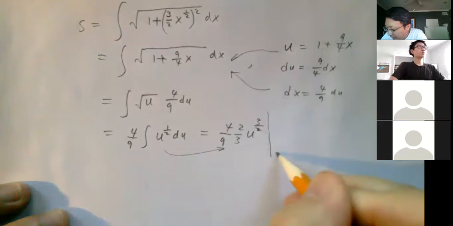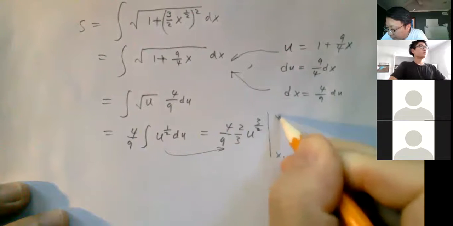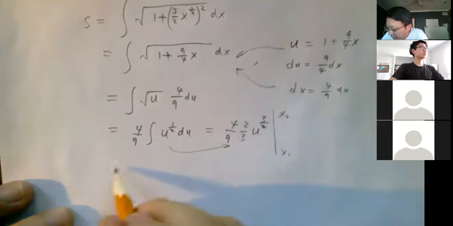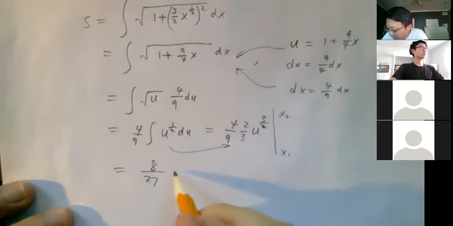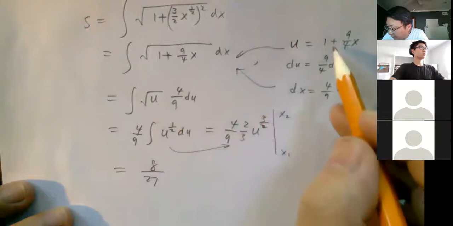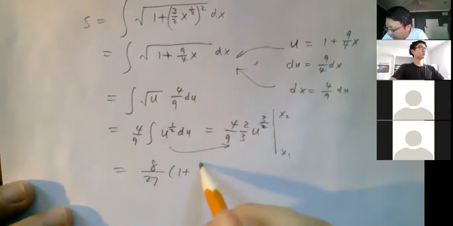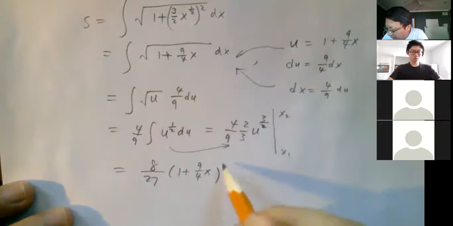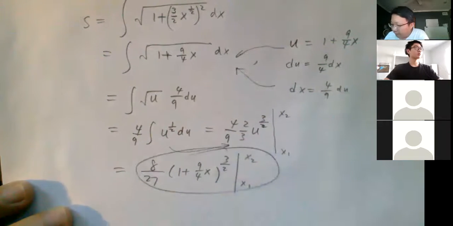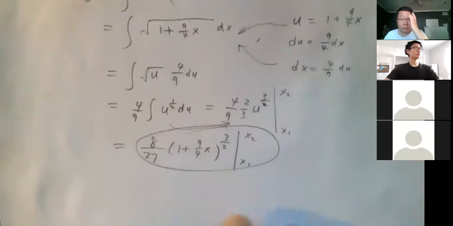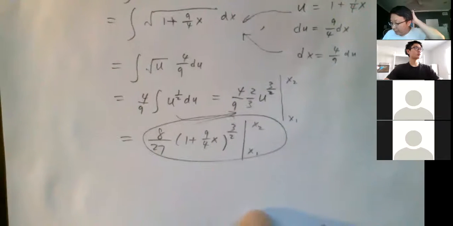Eventually we go from x1 to x2. So u is u, we put it back: u is 1 plus 9/4 x, evaluated from x1 to x2. This becomes the final length.